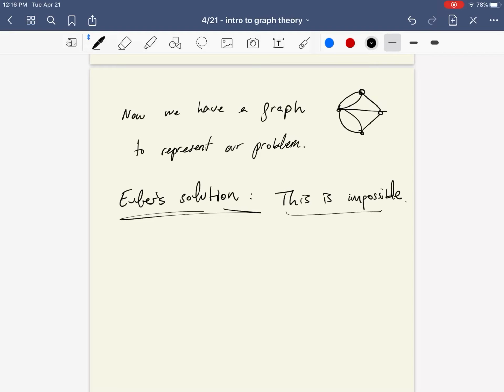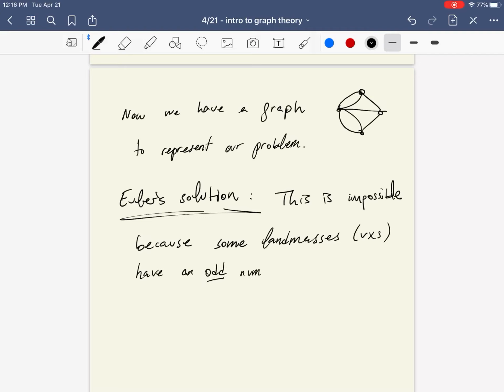Why is it impossible? Well, it's impossible because some land masses, vertices, have an odd number of bridges, edges.